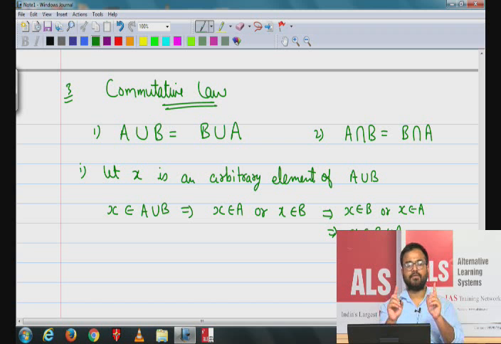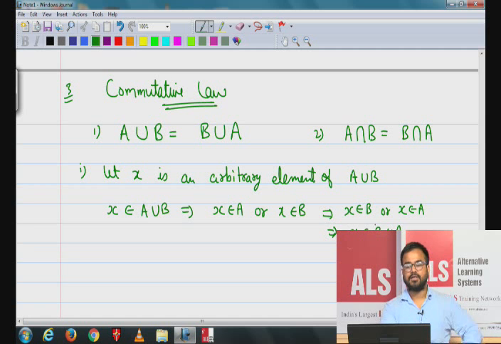Right, what we have done: first we have taken X belongs to A union B, then according to the rule, we can say X belongs to A or X belongs to B, and then we can swap both of them. X belongs to A or X belongs to B, or we can say X belongs to B or X belongs to A, both of them are the same thing.